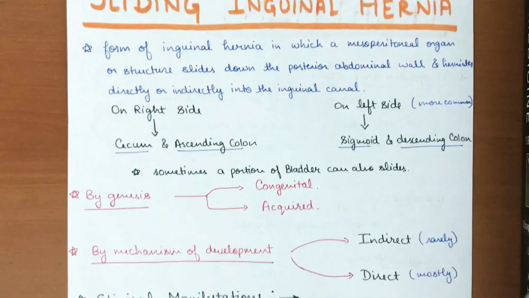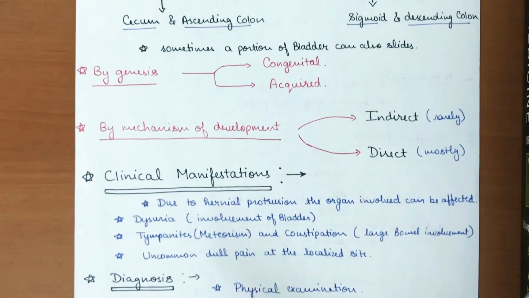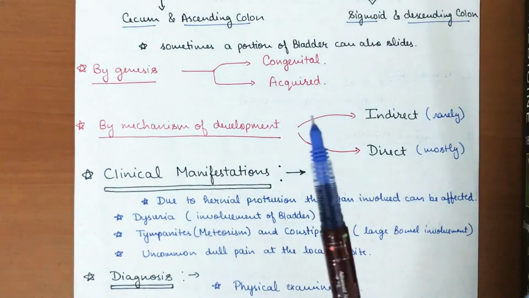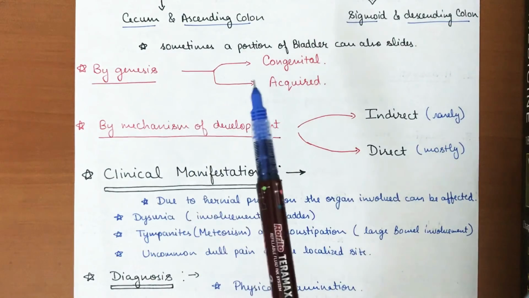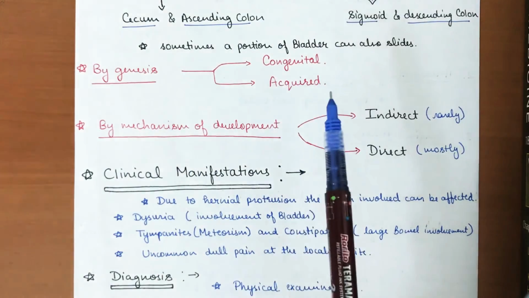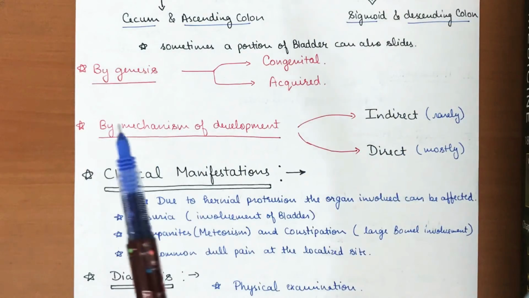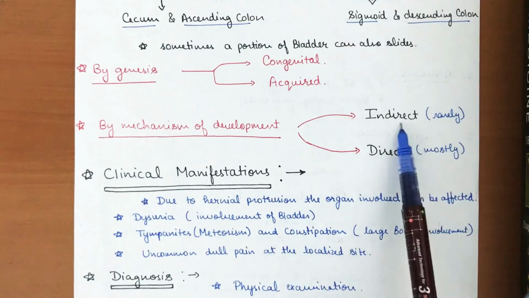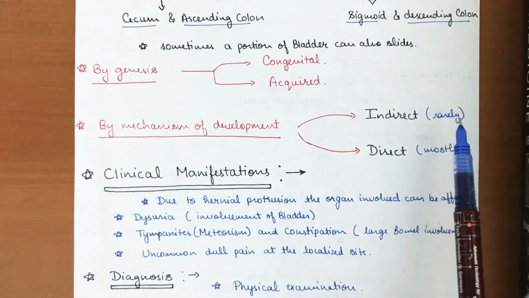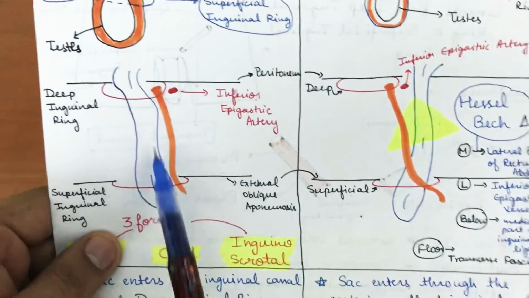Now let us look at the classification by genesis and by mechanism of development. By genesis we describe it as congenital and acquired, and by mechanism of development we divide it into indirect and direct. Indirect is quite rare, because it is difficult for the mesoperitoneal organ to slide through both of these structures.